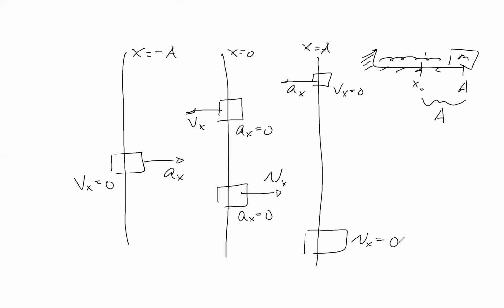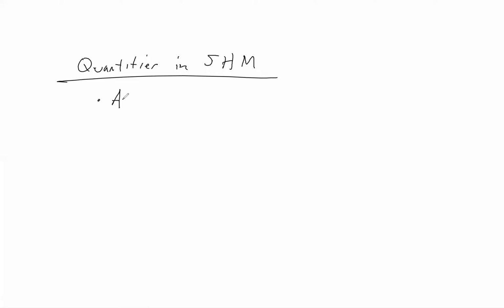Now, the quantities that describe this motion, which we call simple harmonic motion, are going to be the following. I'm going to write quantities in SHM, the abbreviation for simple harmonic motion. The first is that amplitude.